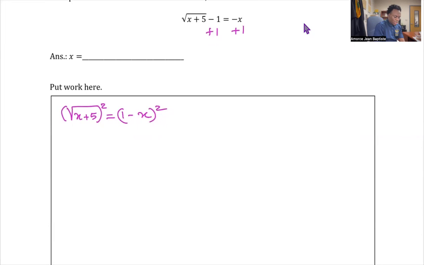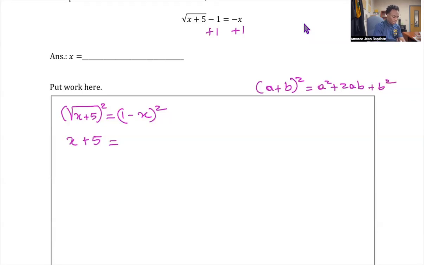The radical gets canceled on this side, so x plus 5 equals, well, we have to be careful here. If we have a plus b squared, that's not a squared plus b squared. No, it's not a squared plus b squared. So we need to FOIL to solve a plus b squared. That's a squared plus 2ab plus b squared.